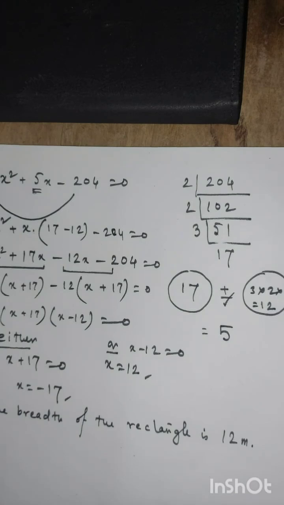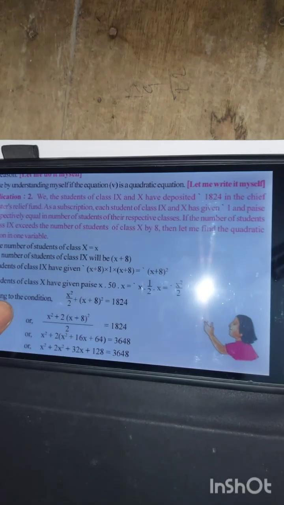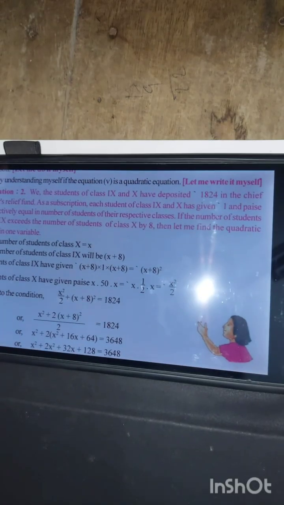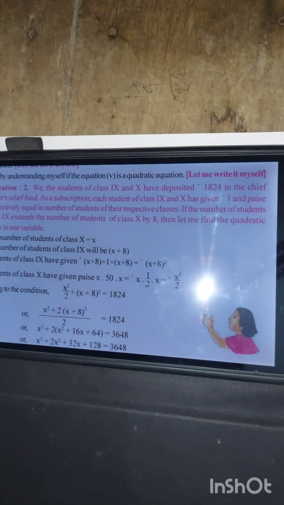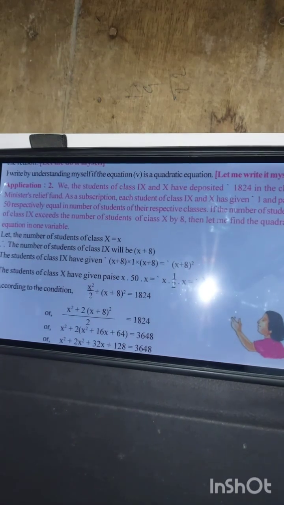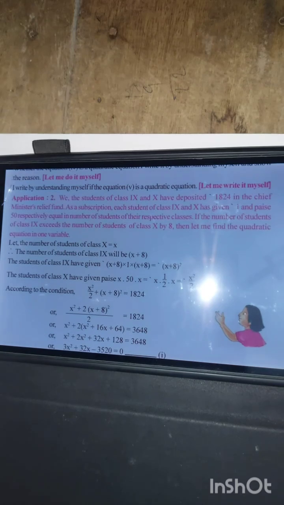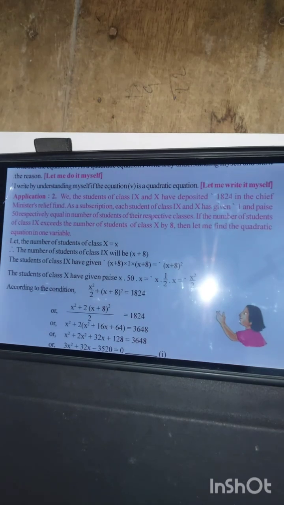Let us take another example from our book. This example says, we, the students of class 9 and 10, have deposited 1824 in the Chief Minister's Relief Fund as a subscription.